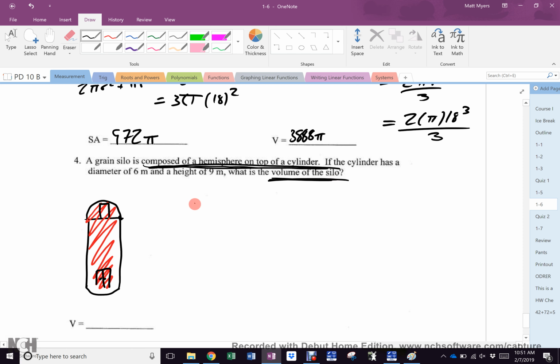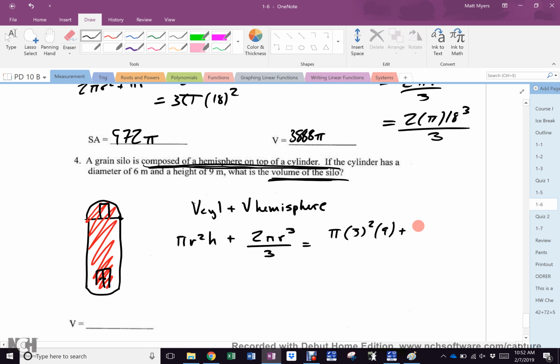Volume. So it is the volume of a cylinder plus the volume of a hemisphere. We know the volume of a cylinder is pi r squared h. We know the volume of a hemisphere is 2 pi r cubed divided by 3. So pi r squared h is pi times 3 squared times 9 plus 2 times pi times 3 cubed divided by 3.